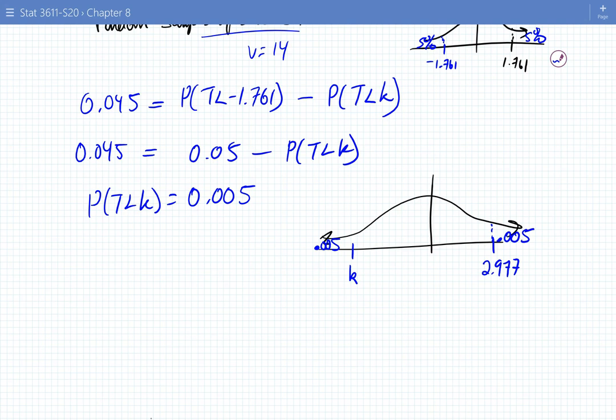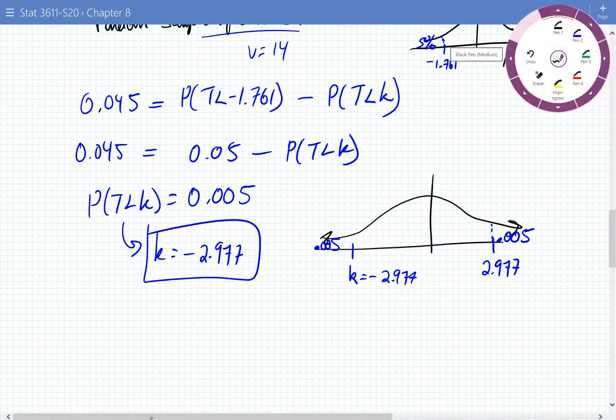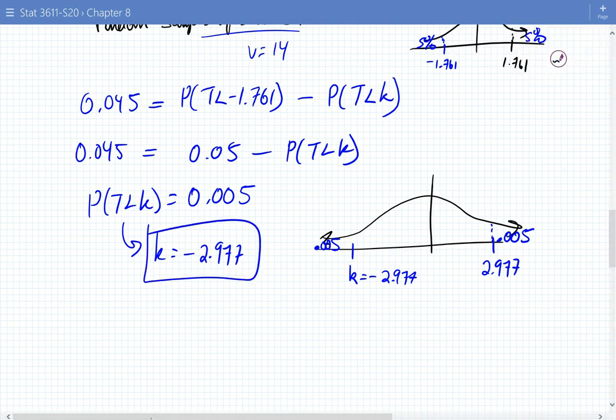So by symmetry, k has to be negative 2.977. So k is negative 2.977. There we go. All right. And that is just an introductory look at the t-distribution and getting some familiarity, really just working with the table and the notation as well.